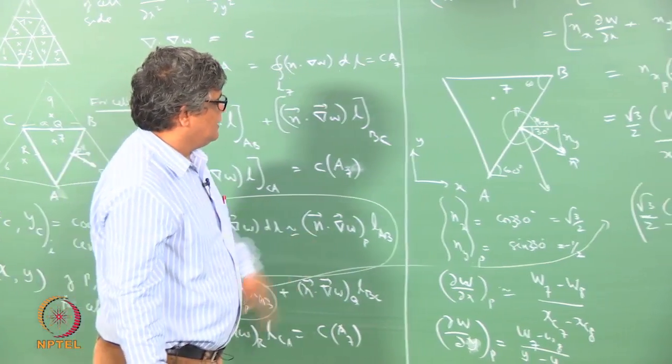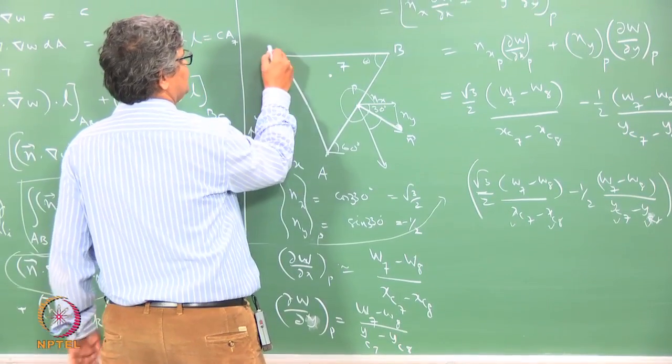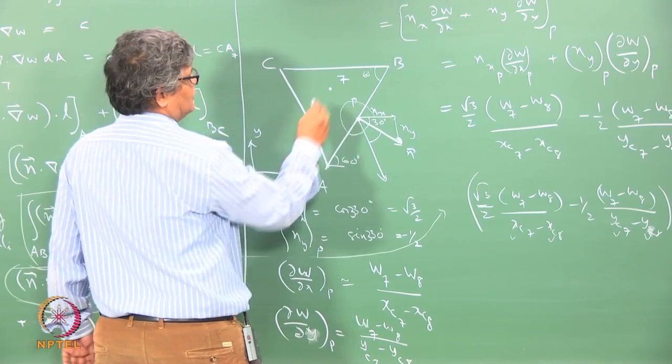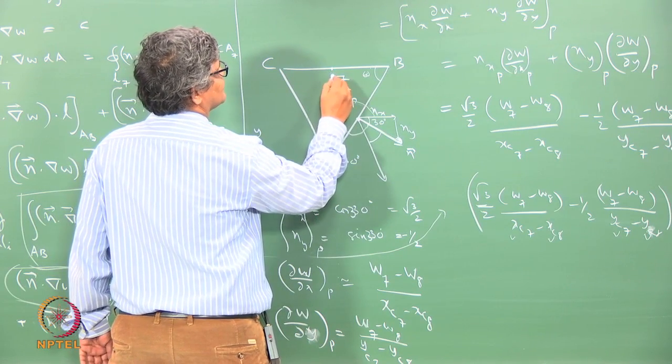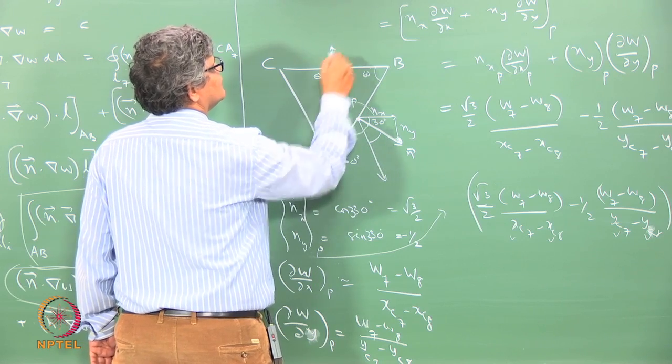So now let us go here to the side BC, and here we said this is Q. Here we have this is Nx.